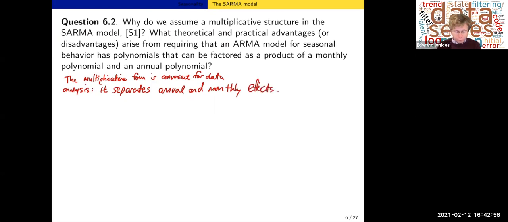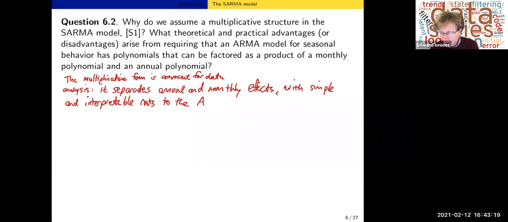It has a nice product form with simple and interpretable roots to the ARMA polynomials. Okay, so that it is convenient in that sense.